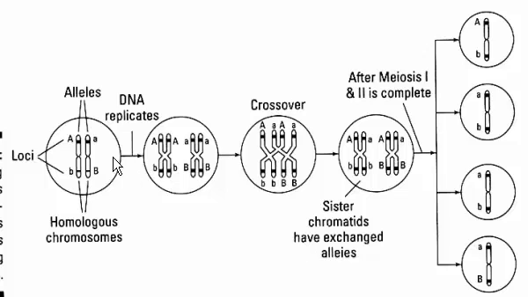So if I can get one allele from each gene, there are 4 different ways this could happen. I could get a dominant A with a recessive B. I could get a dominant A with a dominant B if crossing over occurred. I could get a recessive A with a dominant B, or I could get a recessive A with a recessive B, again, if crossing over occurred.